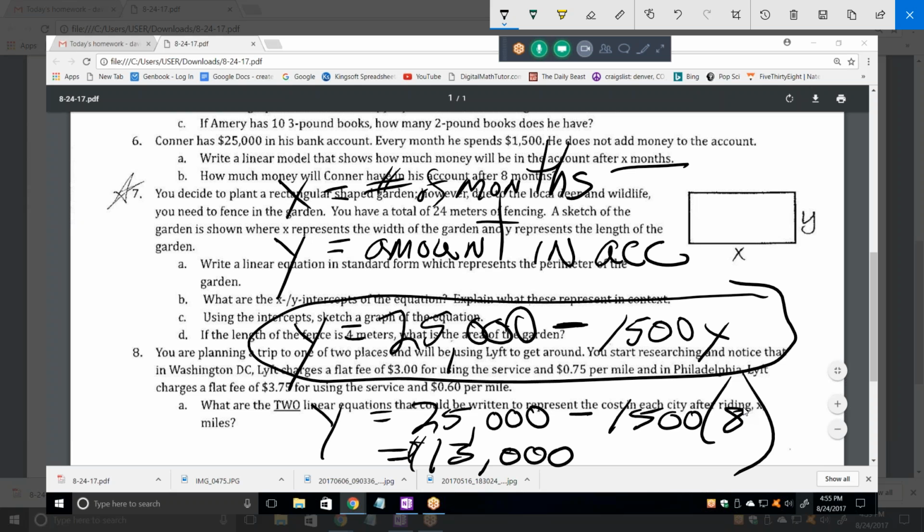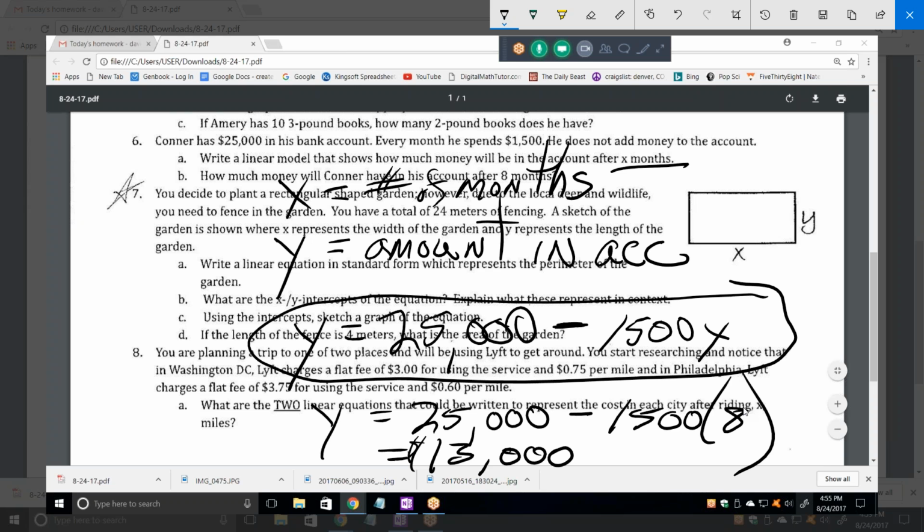After 100 months, he's losing $1,500 per month, which means he's going to lose $150,000.